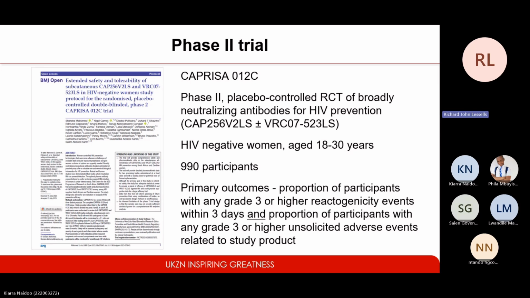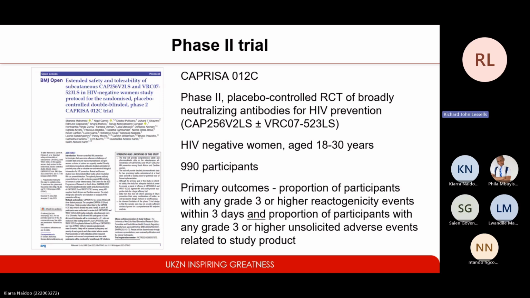But do you think, again, is this likely to be enough to tell us for sure whether these antibodies prevent HIV? No. Roughly how many women do you think might become HIV positive, let's say over the course of just 1 year in this study?